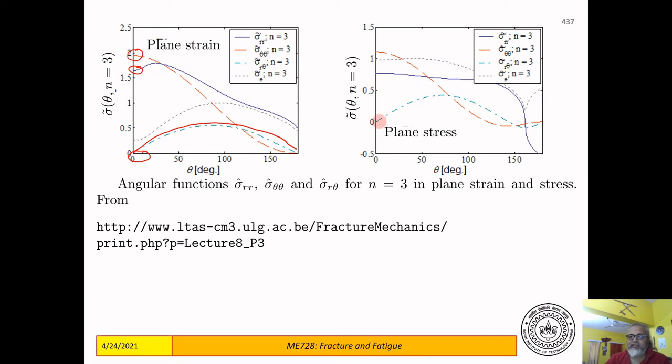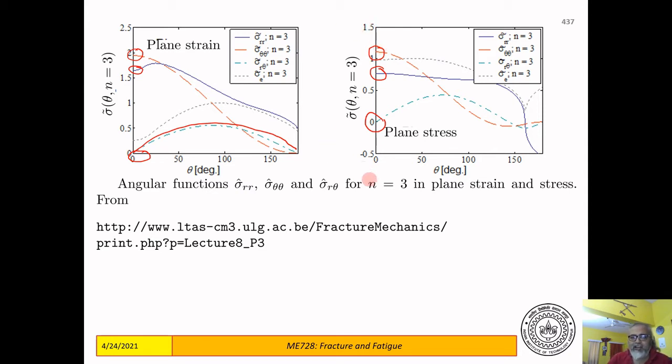Similarly, for plane stress, the shear stress is 0 at theta equal to 0 for mode 1. And then sigma theta theta is this. It's the highest. Sigma RR is close but not equal, unlike the elastic case. And the plane strain and plane stress solutions are different.